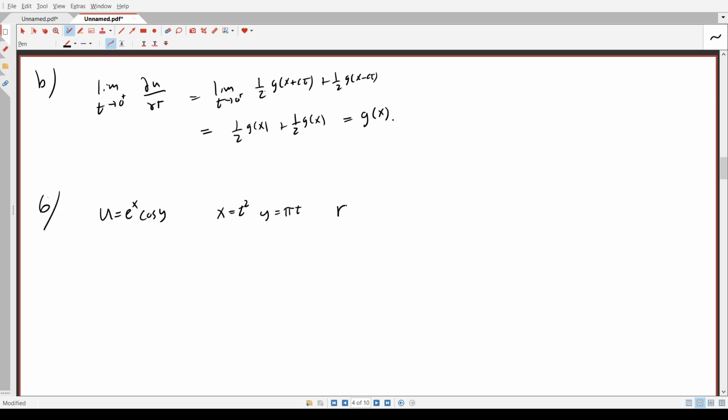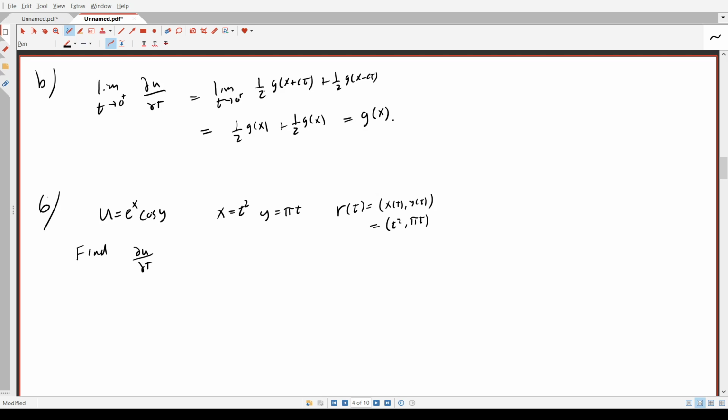I'm going to write that real quick as r of t is x of t, y of t. And you'll see y in a second. That's t squared, pi t. Okay, it says find du/dt.